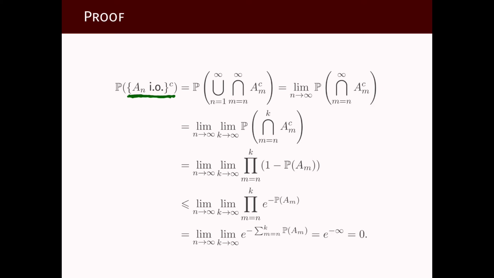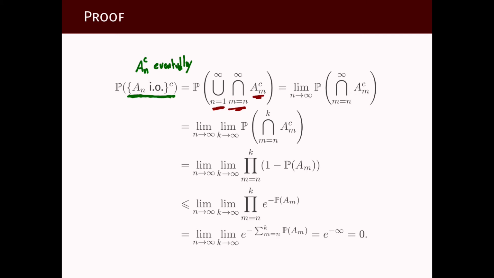But what is this event, the complement of A_n occurring infinitely often? Well, we have seen already, by De Morgan's laws, this is the same as A_n complement occurring eventually. This will be the union over n of the intersection over m of the complement of A_m.